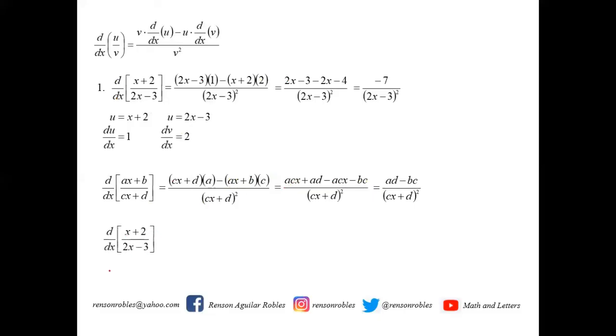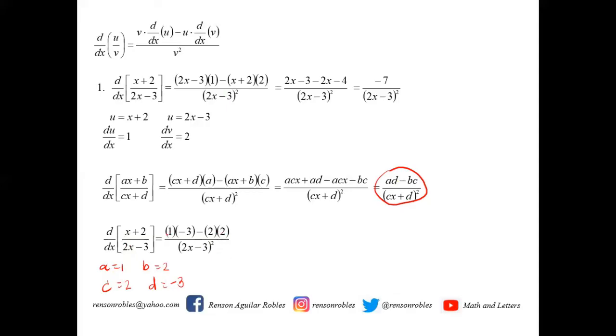So here, a is equal to 1. That's the coefficient of x on the numerator. Then b is equal to 2. And c is equal to 2. That's the coefficient of x on the denominator. And d is equal to negative 3. And then, by applying this formula, we have ad, that's 1 times negative 3, minus bc, that's 2 times 2.